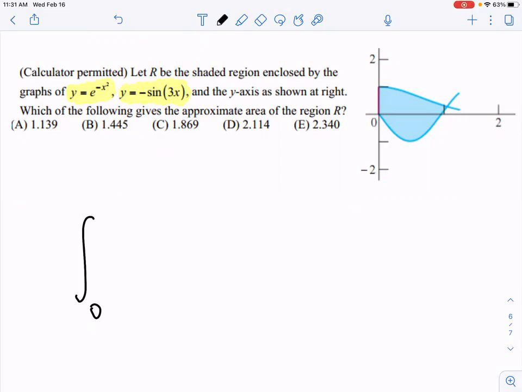And you can choose the intersection. It should be near 1, right? That's what it looks like. Where'd you get on? 1.264.